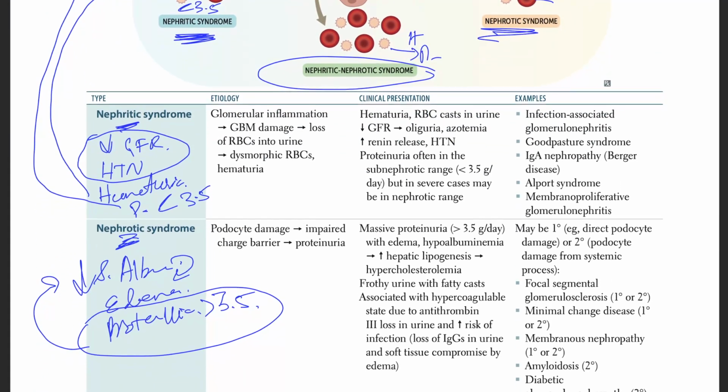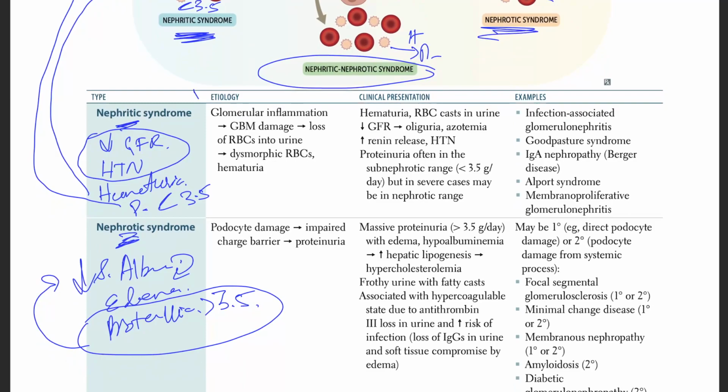So let's read nephritic from an etiology standpoint. In nephritic, there is glomerular inflammation leading to glomerular basement membrane damage, leads to loss of RBCs into urine, leads to dysmorphic RBCs, hematuria. Classic presentation is hematuria, RBC casts.